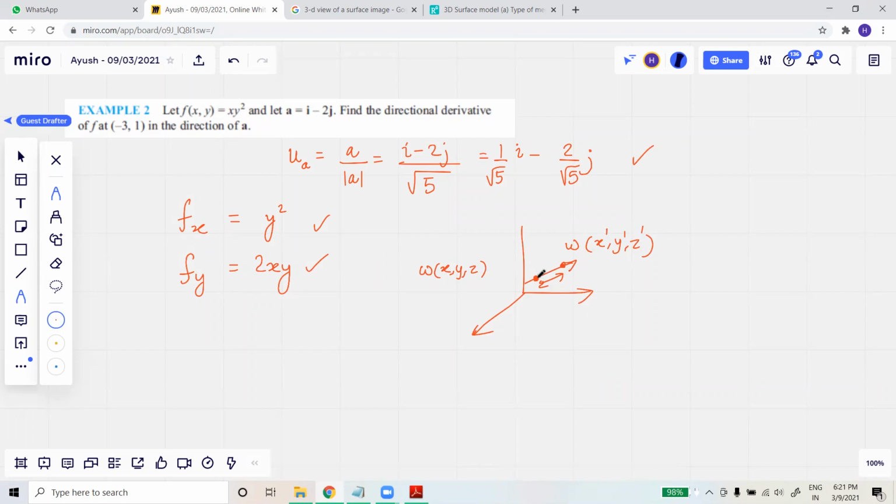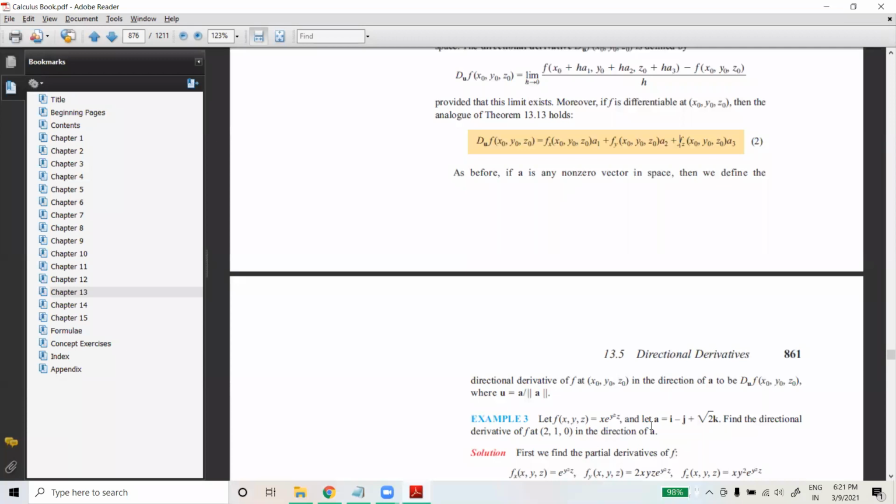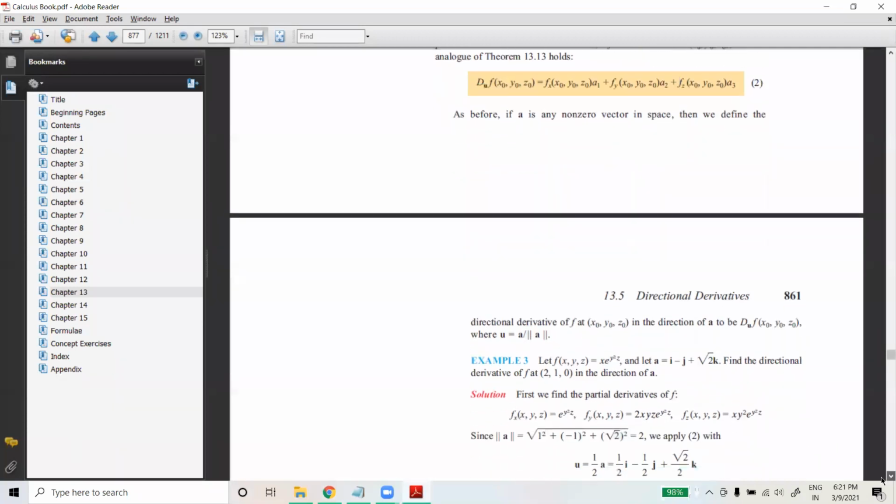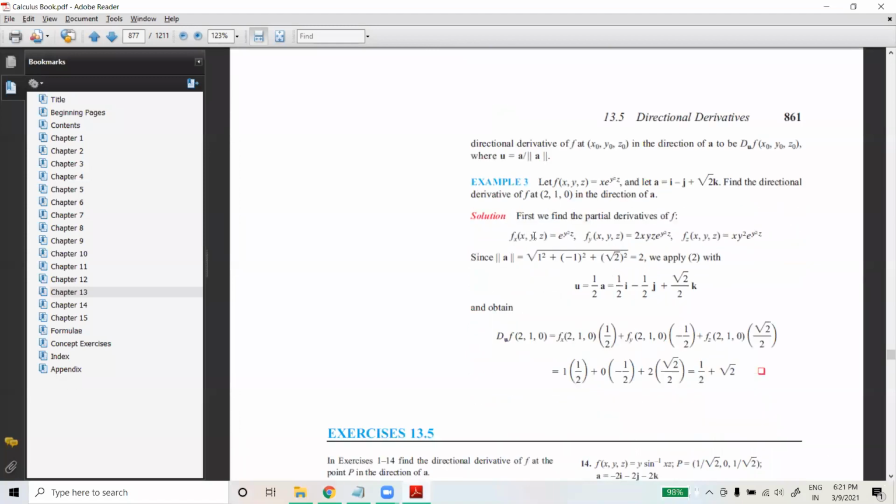So that's in that direction. There can be so many directions in space, so there can be directional derivatives in all directions. They haven't said much about this; they just go on to work out the next example.